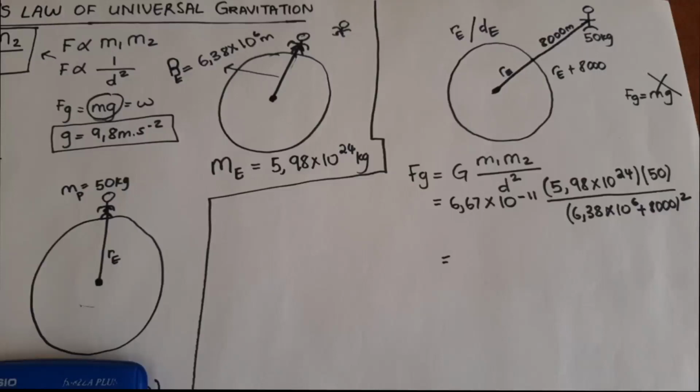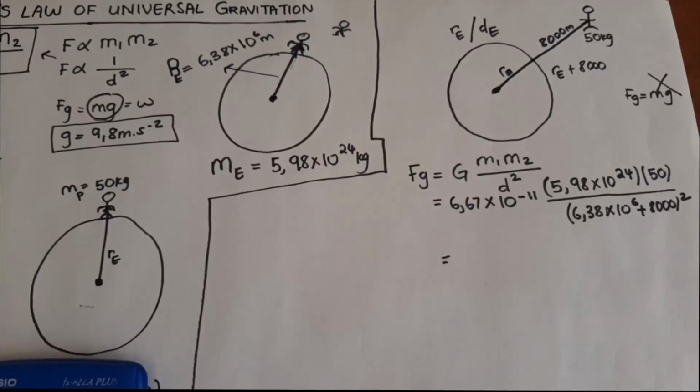So 6.67 multiplied by 10 to the power of negative 11, multiplied by open brackets 5.98 multiplied by 10 to the power of 24, times 50, so sorry, I have a 50, divided by 6.38, the radius of the earth, multiplied by 10 to the power of 6, plus 8,000 meters, close bracket squared.